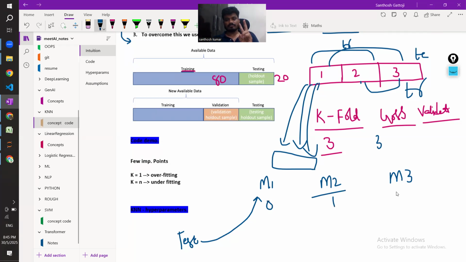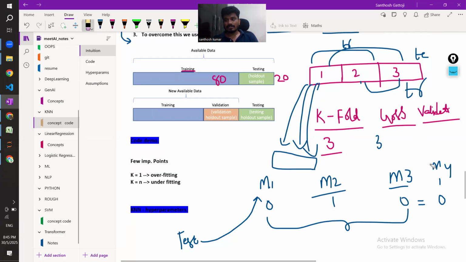If the others give 1 or 0, you go by the majority. So the value is 0. Here also, deliberately, we are not going for an even number. If you had M4, we could use fourfold, but if it gives 0, 0, 1, 1, there is a tie. Understand the logic? So we usually go with 5-fold or 3-fold.